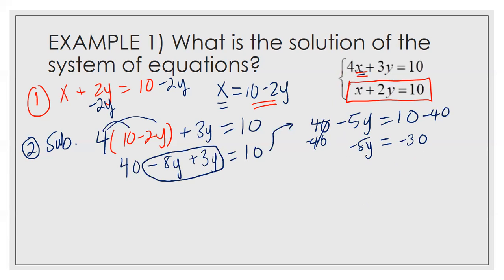And now I can divide. Remember, before I can multiply or divide, I have to make sure that the variable's on the side by itself. So I divide by negative 5. What is negative 30 divided by negative 5? Positive 6, because a negative divided by a negative is a positive. So I know y equals 6.